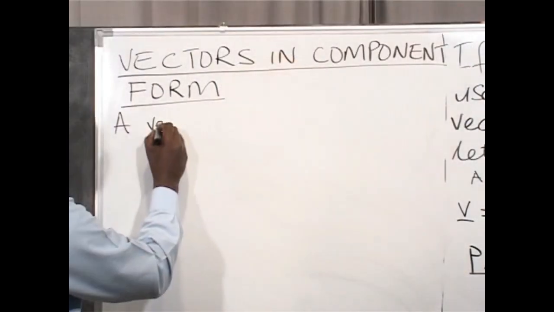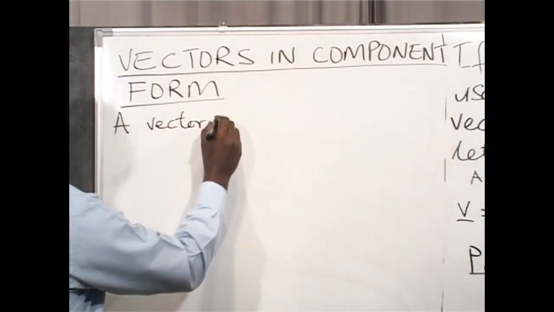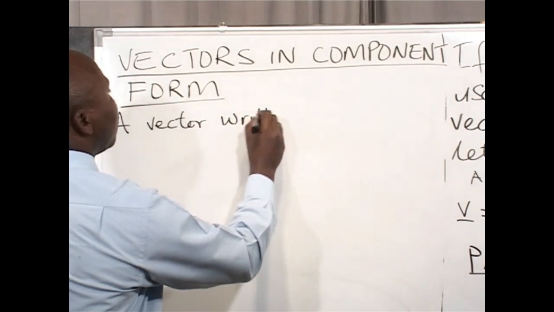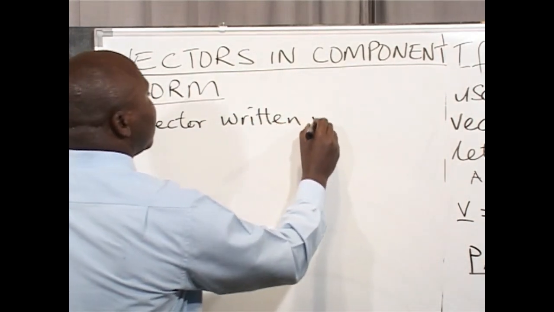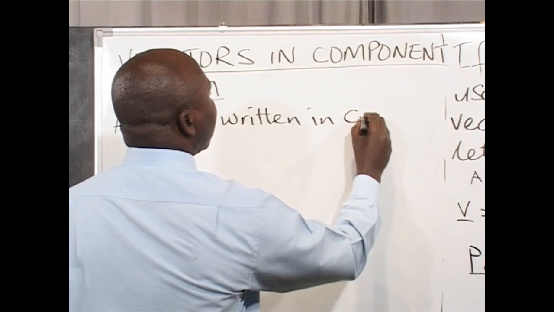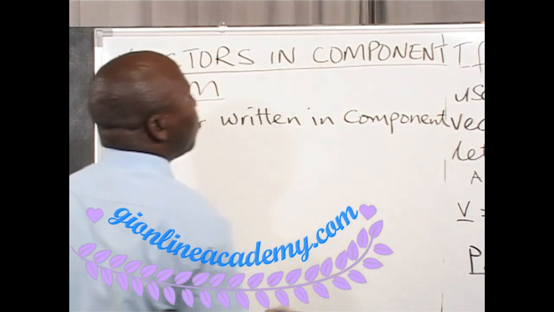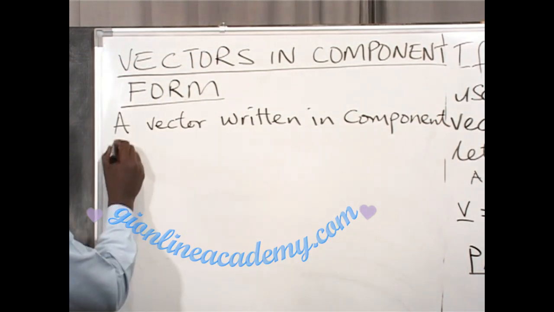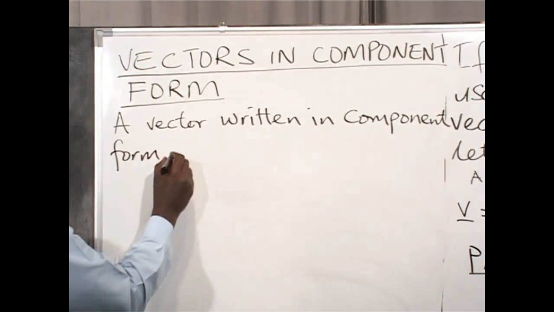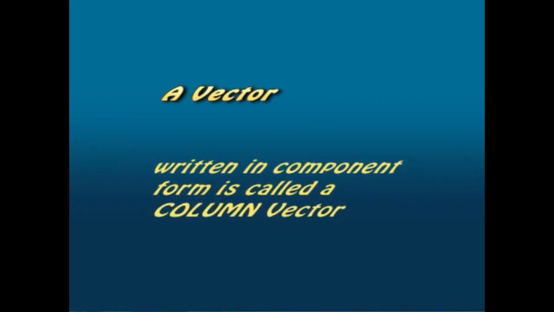So we'll say a vector written in component form is called a column vector.